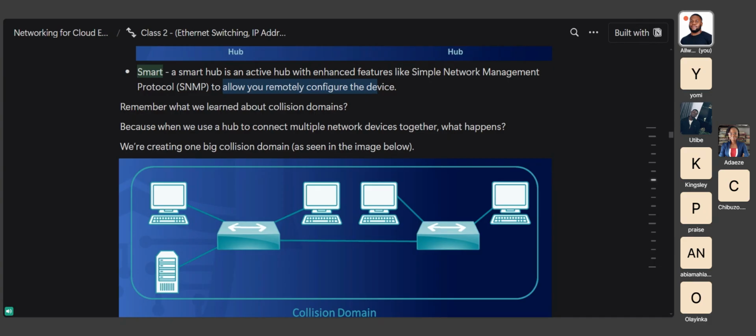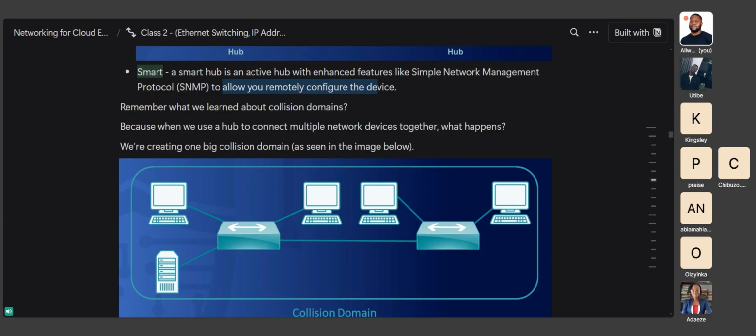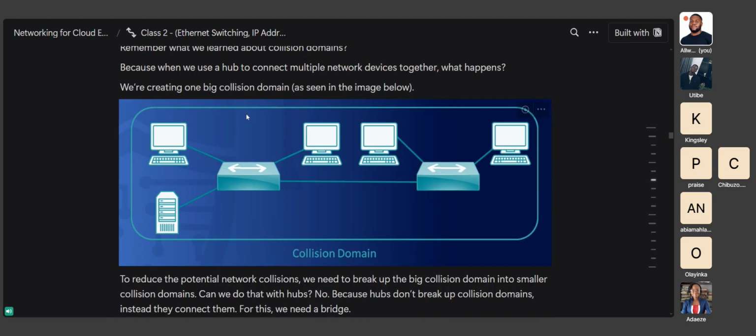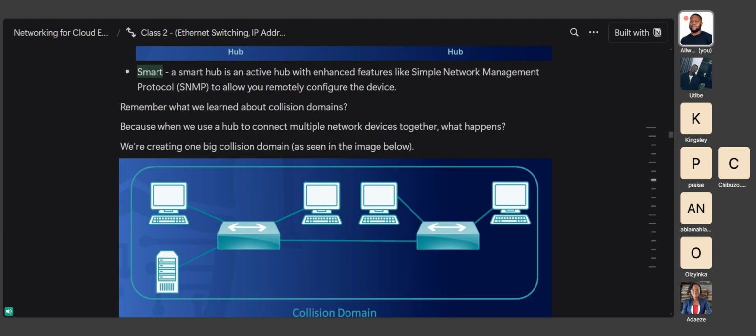Remember what we learned about collision domains? Collision domains are very, very fundamental to the concept of Ethernet switching, so it's important that you keep this word at the fore of your mind while we go through this.